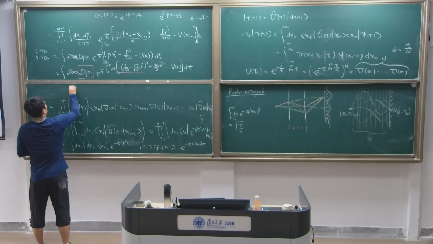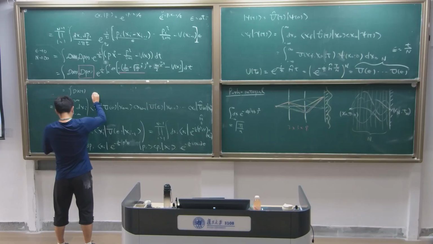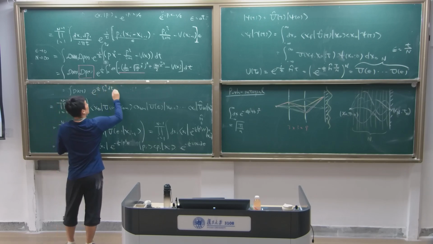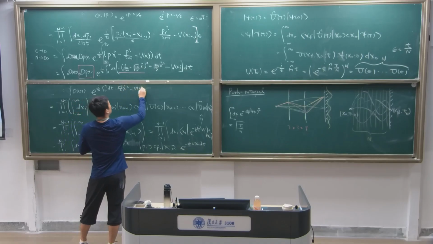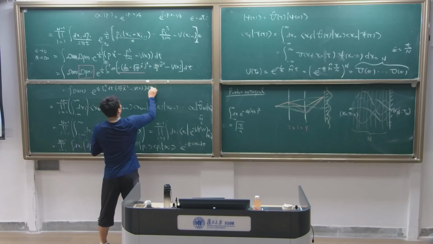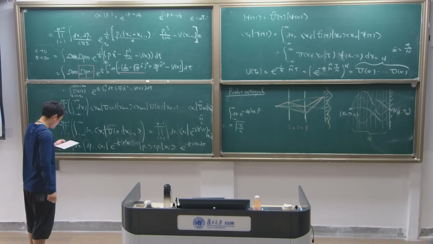And then it is equal to the integral of dx(t) e to the i over h bar, the integral from 0 to t of dt, m over 2 x dot square minus V of x, where x naught is the initial point and x(t) is the path.